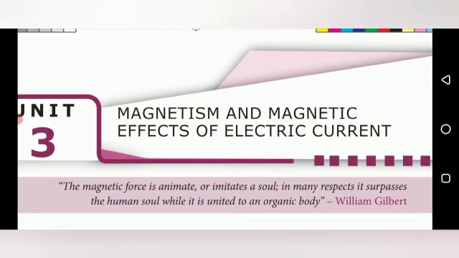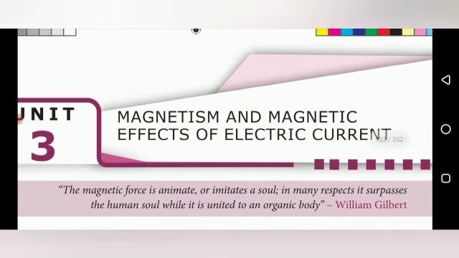And also the heating effect: when you touch a bulb that has been glowing for a certain time, it is too hot, so that is called the heating effect. And also we insulate the wires. Why? Because of the magnetic field produced around the wire.